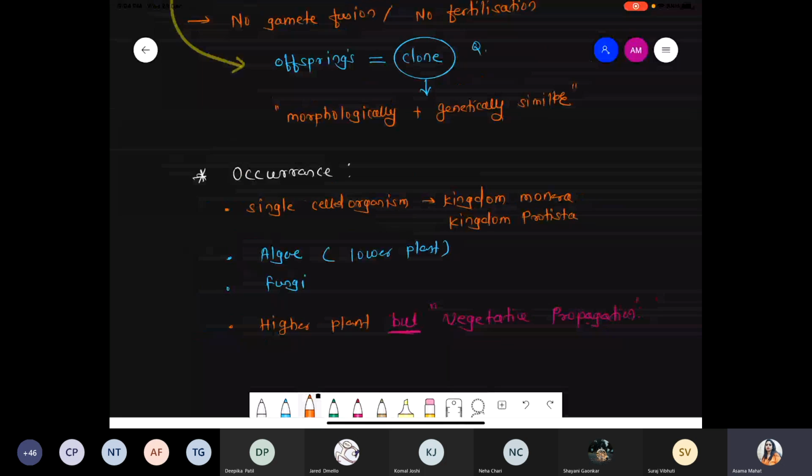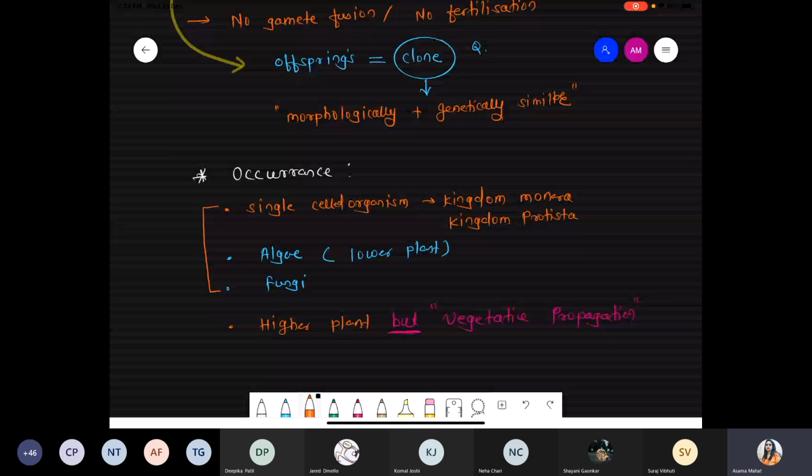But when you are using asexual mode of reproduction specifically, it is very common in single celled organisms, algae, even fungi. But in higher plants like angiosperms, that time you have to use the word vegetative propagation. You are not using the word asexual.